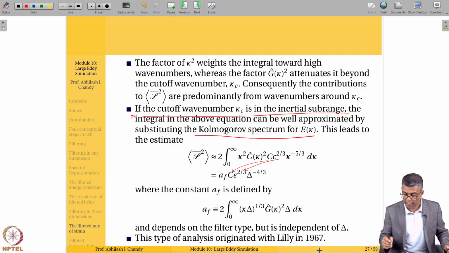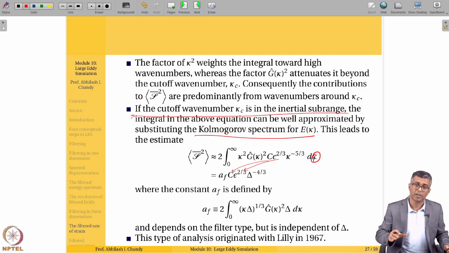In order to do that, I have a kappa here, so I want to scale that kappa by multiplying it with delta. And then I also have a kappa squared times kappa to the minus 5/3, isn't it? So that becomes kappa to the 6/3 minus 5/3, which is kappa to the 1/3.